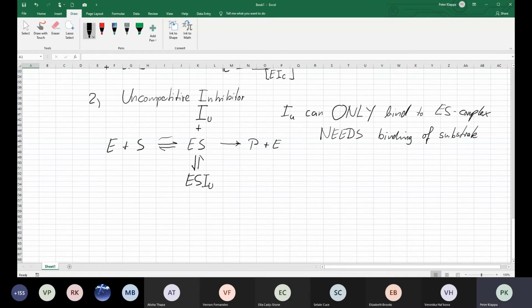So how does that work in terms of mechanism? We have our enzyme, the boy, we have the substrate, and we have an inhibitor.